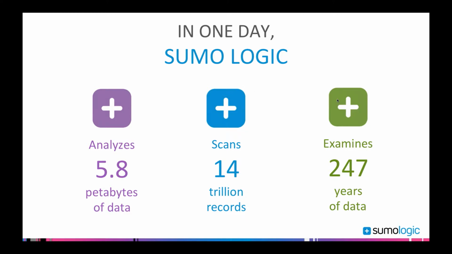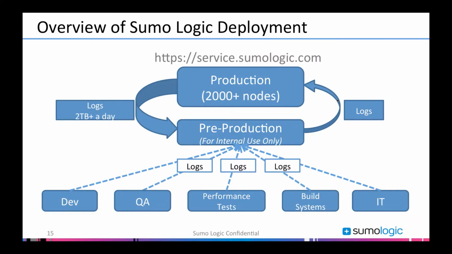So in order to provide this service at this scale, with high performance, high uptime and high availability, we need very, very good visibility into how the system is behaving at any point of time. The system that provides the service actually today consists of 2,000+ nodes that we run in Amazon Cloud.